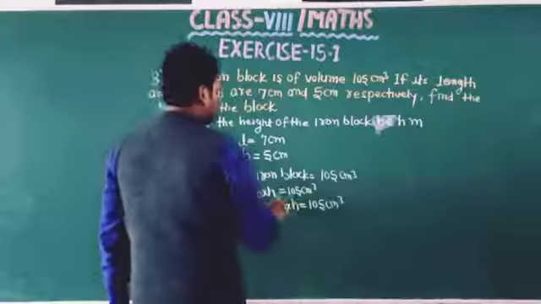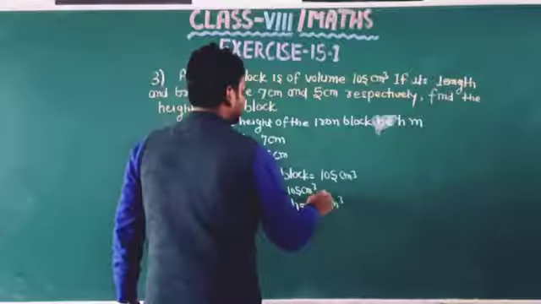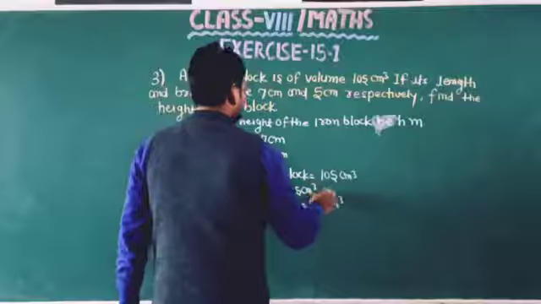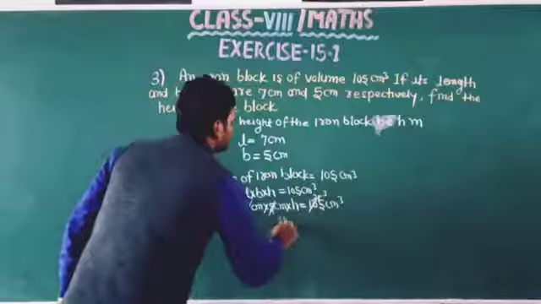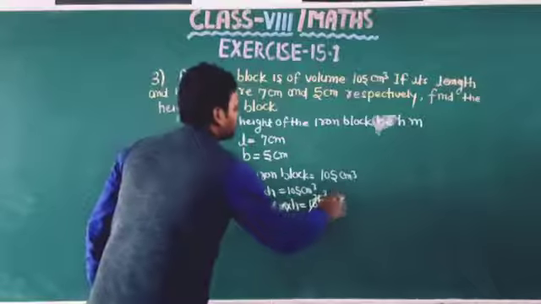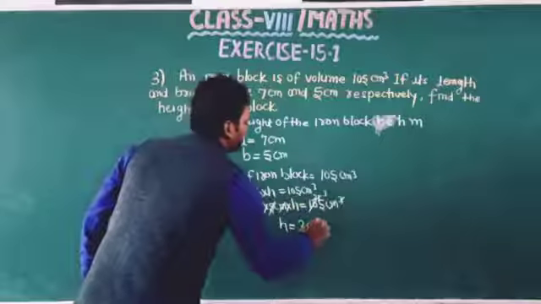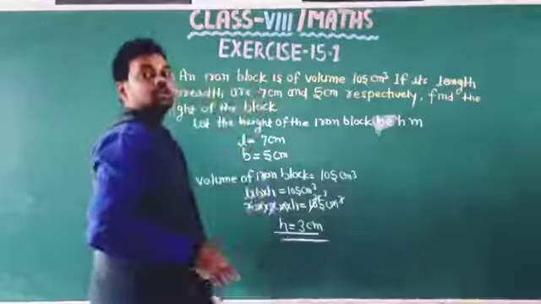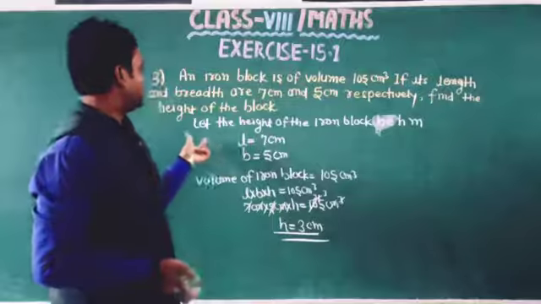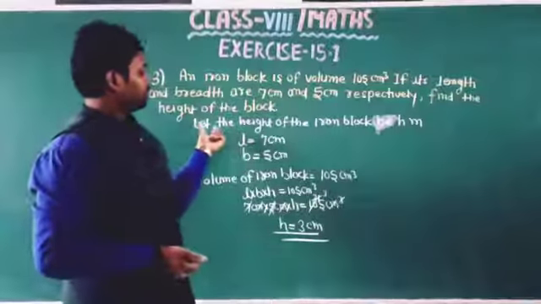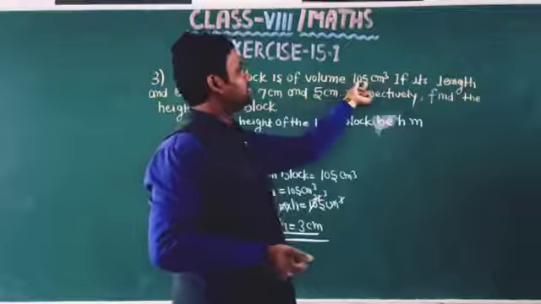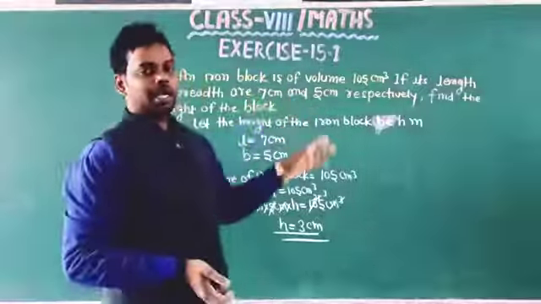So now simplify, this is height equals 105 divided by 5 and 7, which is 21... Okay, so height equals, centimeter cancels out, 3 centimeter. Okay, so dear children, the height of the iron block is 3 centimeter, given volume 105 centimeter cube, length 7 and breadth 5 centimeter.